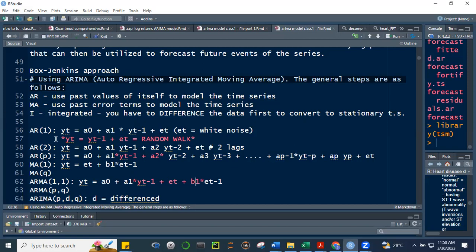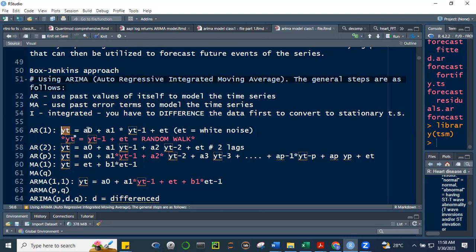So what's an AR1 process? An AR1 process is a process where the time series is modeled against its autoregressive past values. AR1 here means the lag one. So that's y sub t minus 1 plus a certain error term.